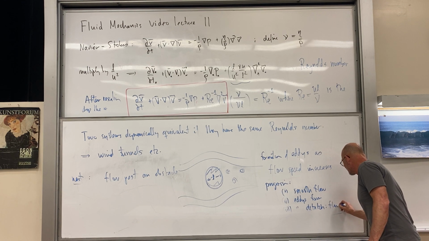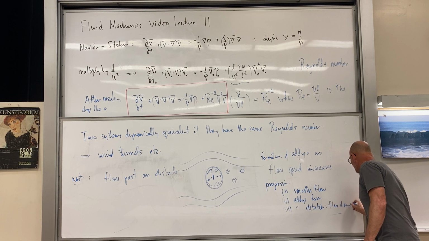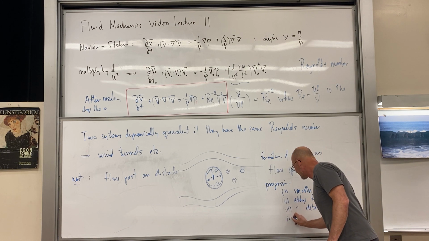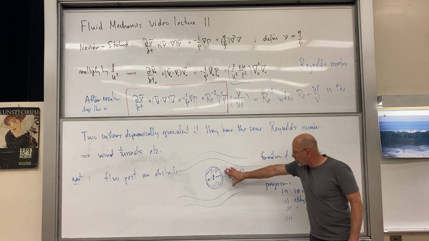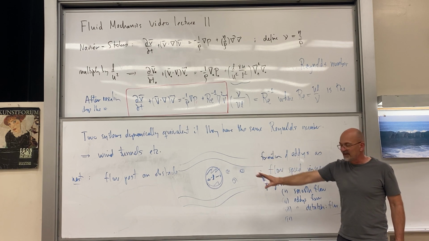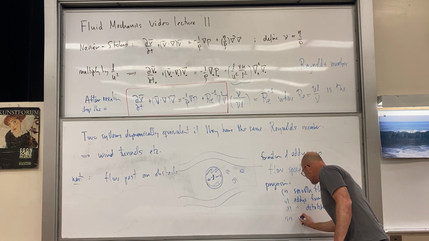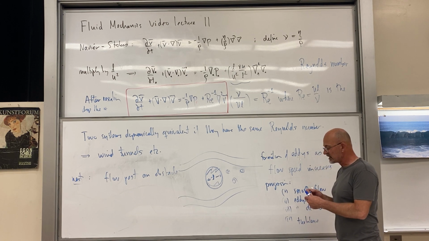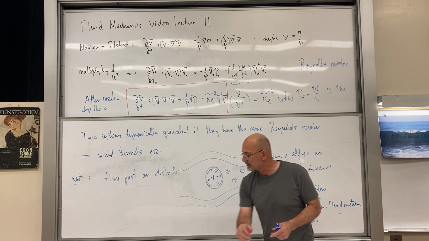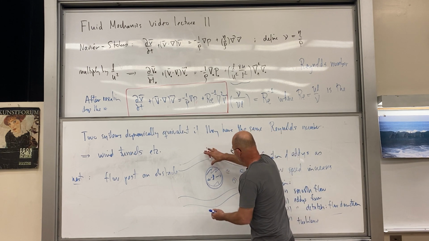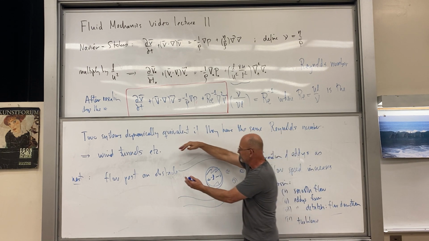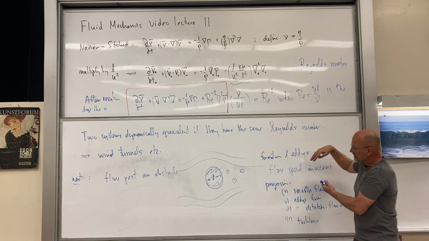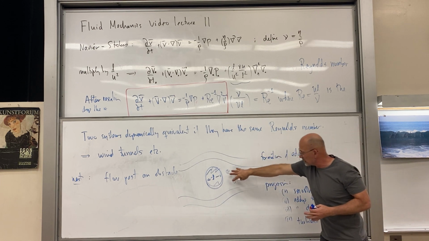Things get rougher and more complicated, and eventually you have turbulence. And in that highly developed turbulence, you'd have smooth flow in front, and downstream behind that object, you just have a totally turbulent wake, it's called.